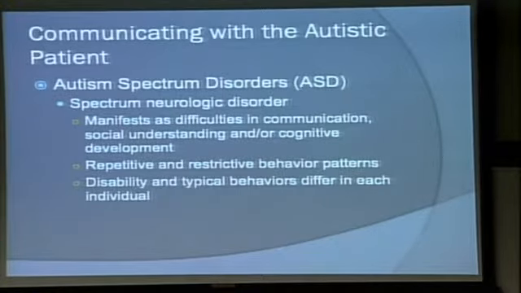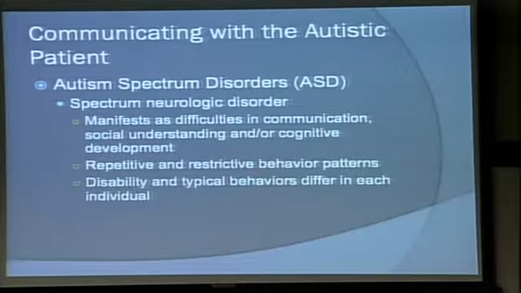Specifically, this Travis rule was designed for autism spectrum disorder. It's a neurologic disorder. It's probably genetic. It manifests as varying degrees of difficulty in communication, social understanding, and or cognitive development.